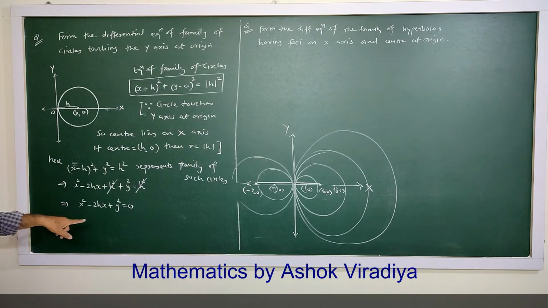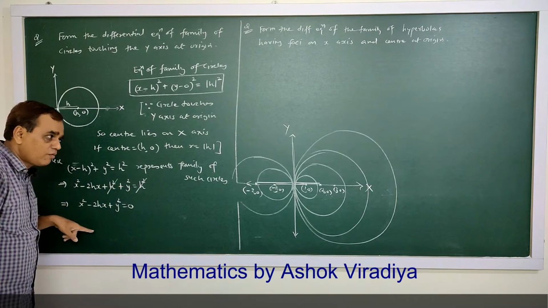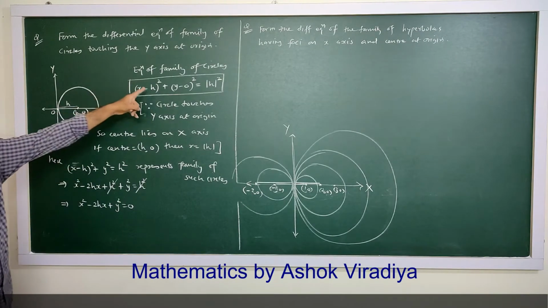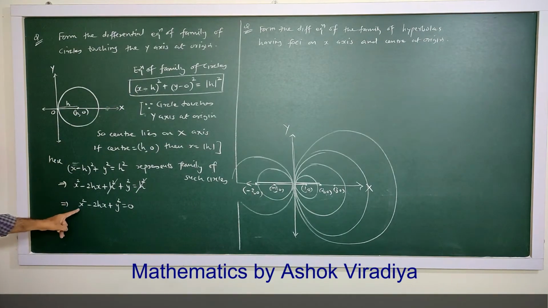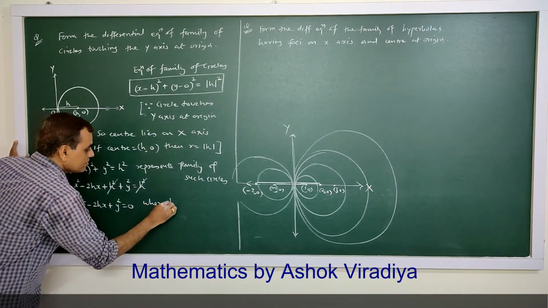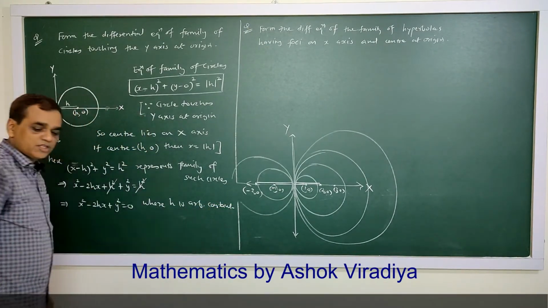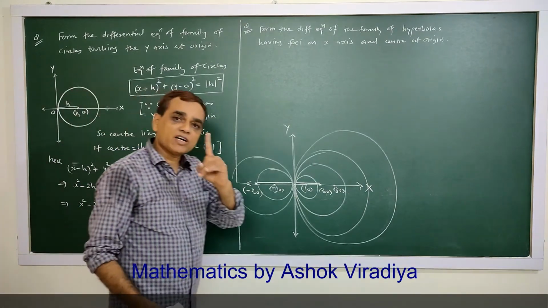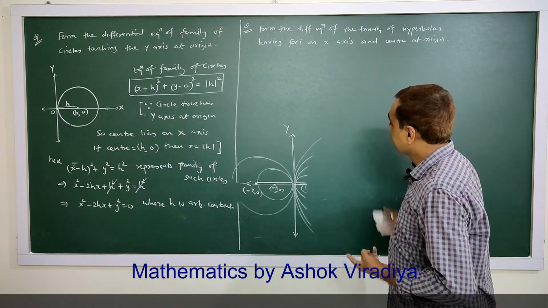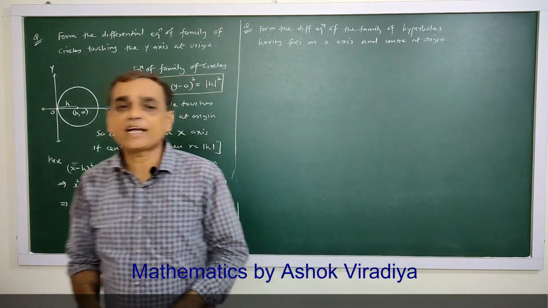This is the simplest form of the equation of this family of circles. Now here h is an arbitrary constant, so number of arbitrary constants is only 1. So whatever will be its differential equation, its order will be 1. So we will differentiate this only one time.